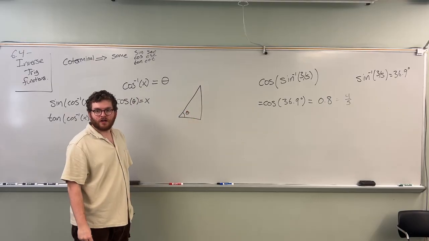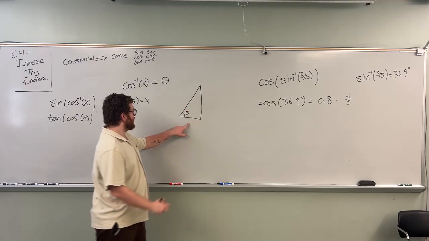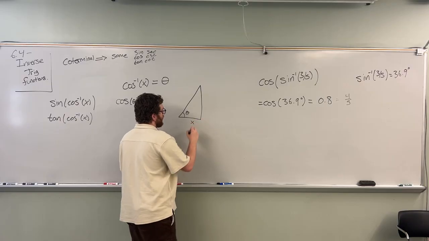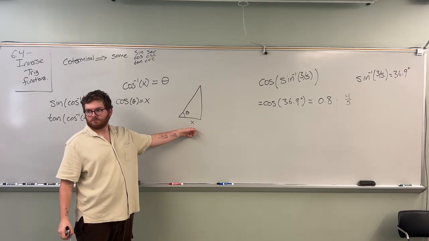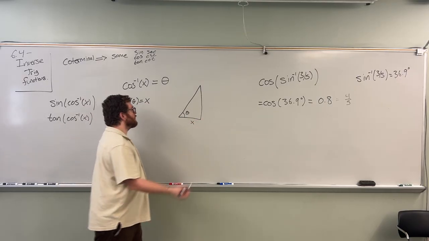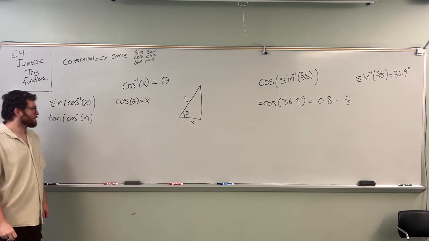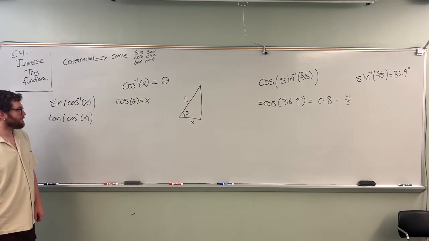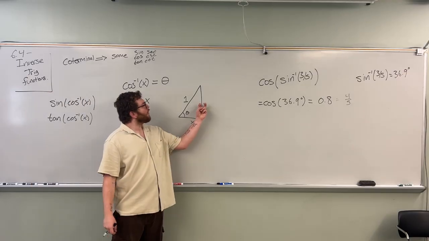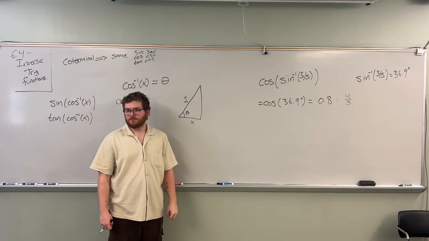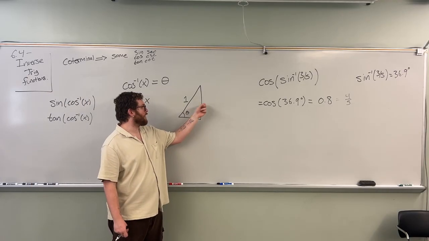Remember that cosine is adjacent over hypotenuse. x is equal to x over 1, so I can just call the hypotenuse 1. Cool. Now, how would I solve for this other side right here? If I'm given these two sides, how do I solve for this side?